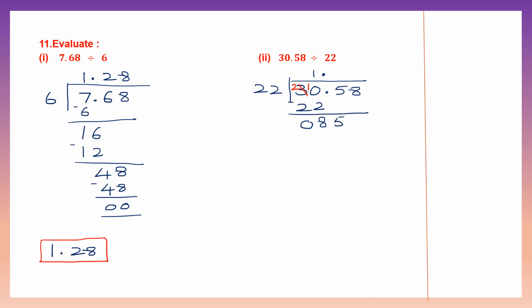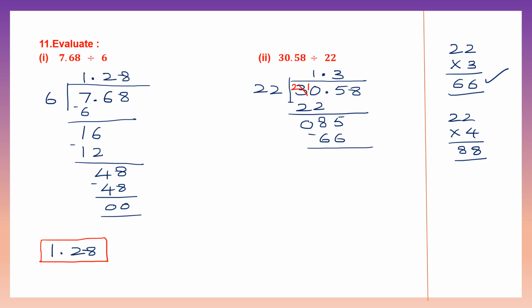Now 22 into what will give us a number close to 85. So that is 22 into 3. Let's see, 3 twos are 6, 3 twos are 6. Now if we do 22 into 4, we get 4 twos are 8 and again 4 twos are 8. And 88 is greater, so we have to use 66. So 22 threes are 66.